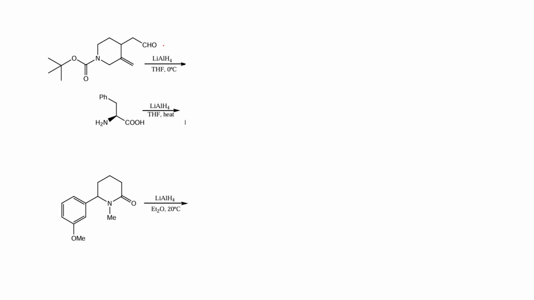LiAlH4 obviously will not affect any NBOC group, but it will reduce this aldehyde, so this part will be the same, just this CHO will be CH2OH. I am not drawing the rest of the part. This part will be all the same, just our aldehyde will be reduced to alcohol. Okay.